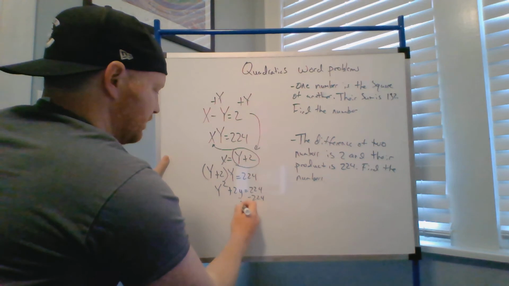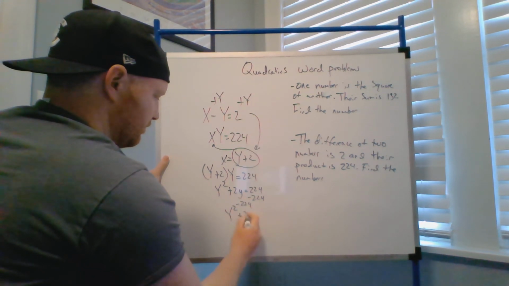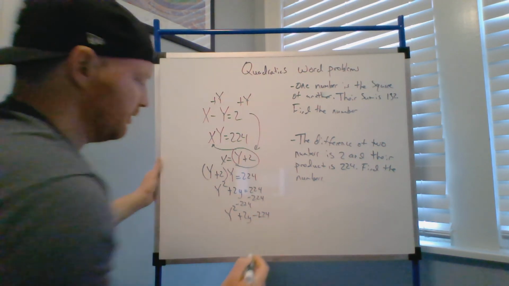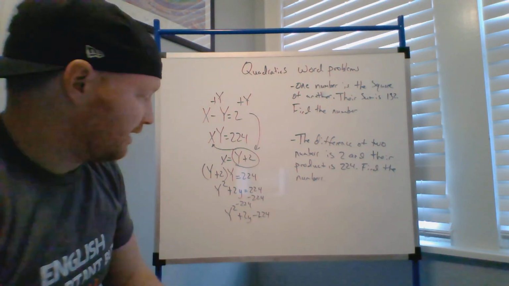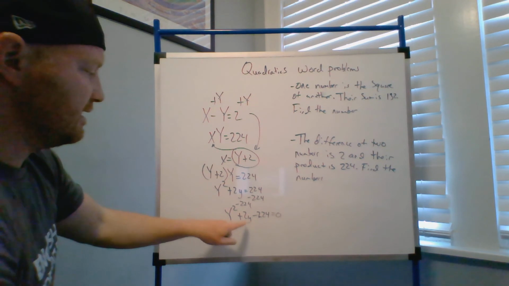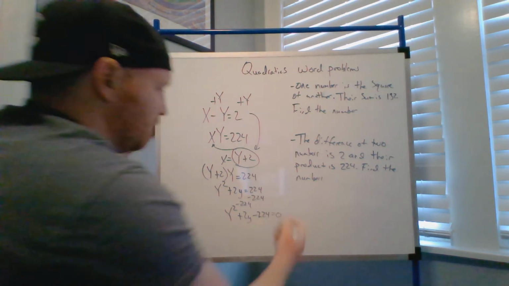And we are solving a quadratic, so we set it equal to 0. So I've got y squared plus 2y minus 224. Now, this is an awfully large number, so I'm not expecting you guys to know what multiplies to this that adds to this. So when that's the case, feel free to use the quadratic formula.